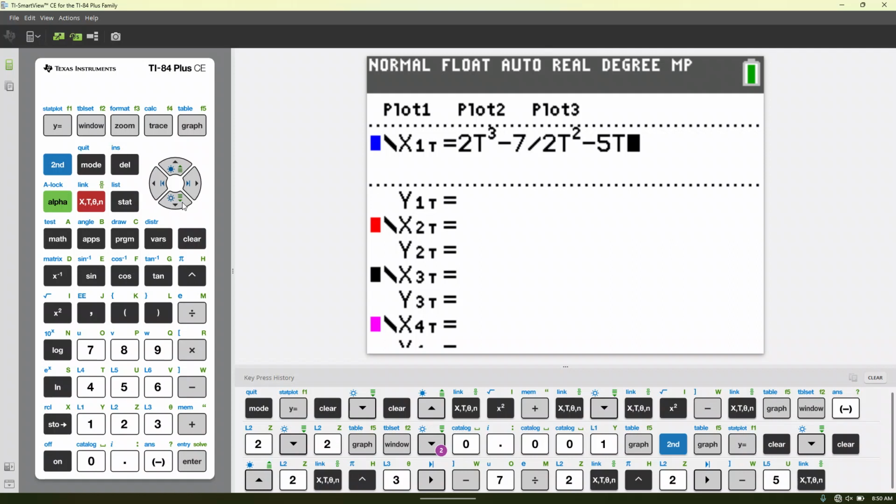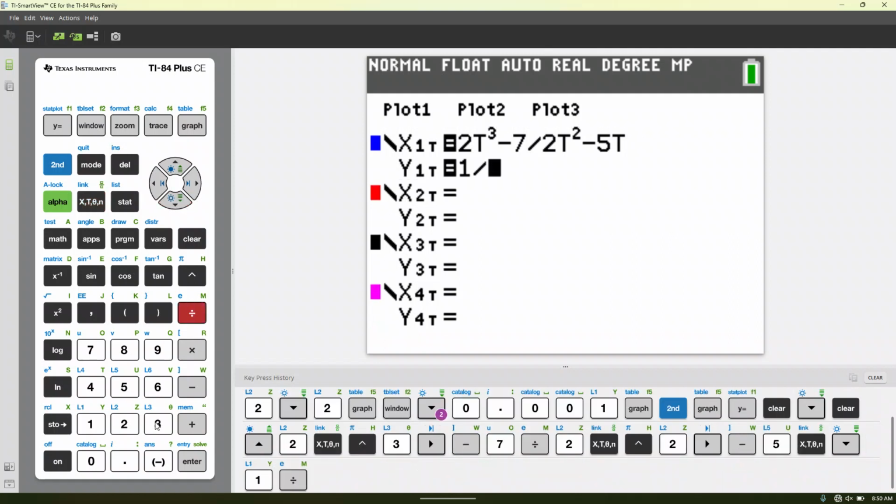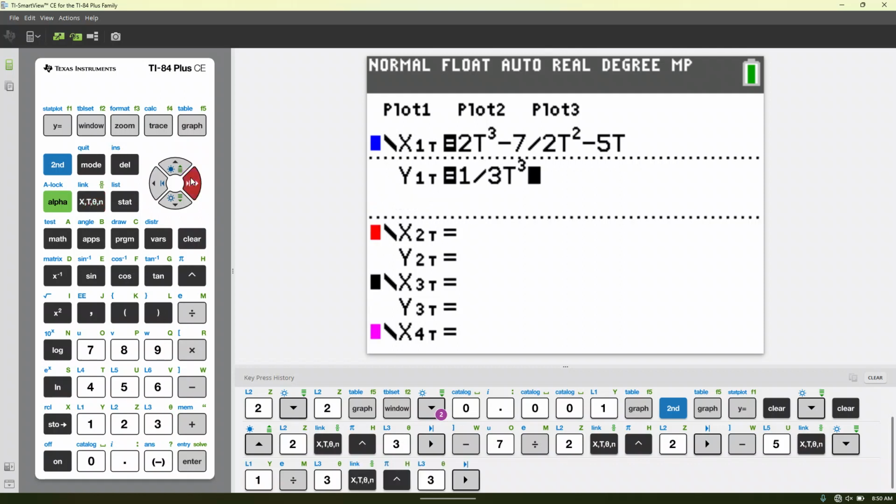And for the second component, that is 1/3 t cubed minus 1/4 t. And you're going to get a really weird graph. Okay, do I have the signs correct? Yes, I do.